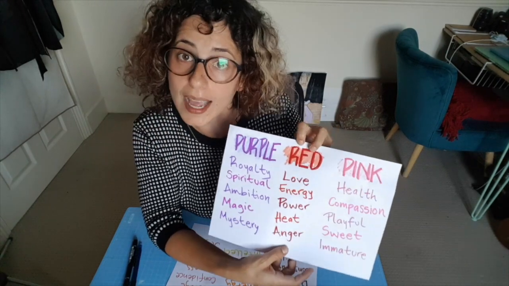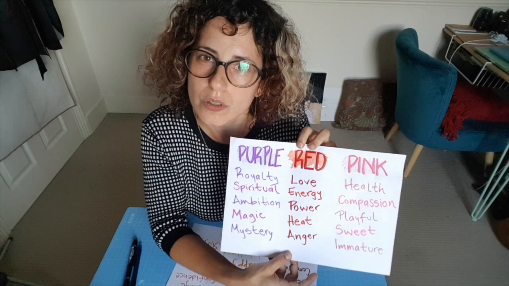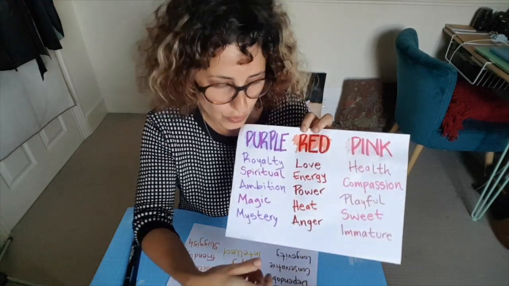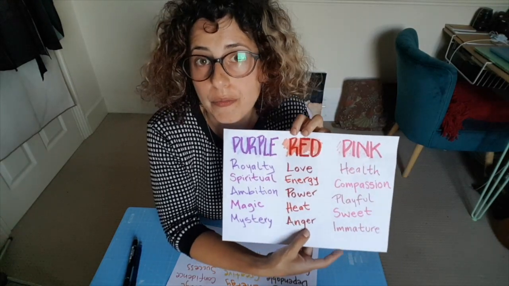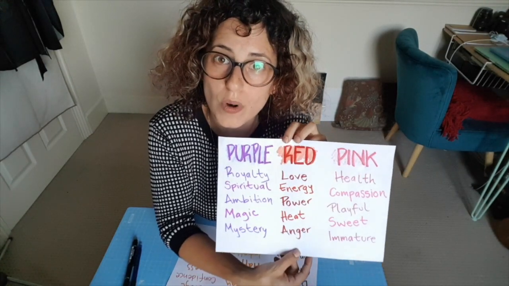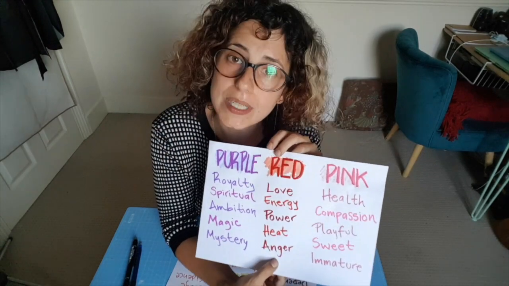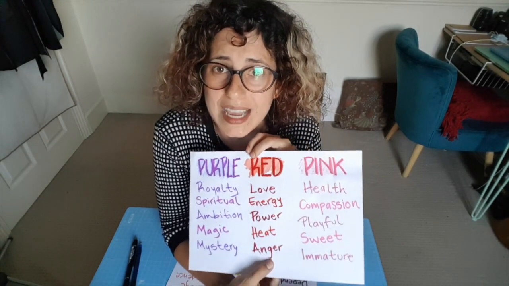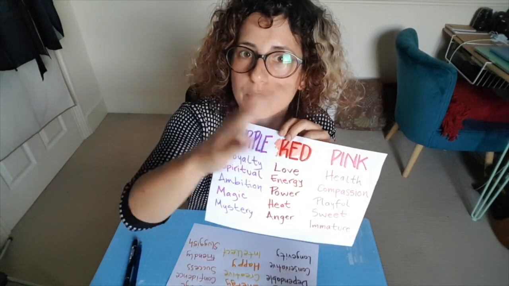So similarly to yellow, it means energy and power. So there's a lot of strength to red. It means heat, of course, from fire. If something is red hot, you're not going to touch it. And on the opposite scale to love, it also means anger. So in that passion scale, it can go both from love to anger.